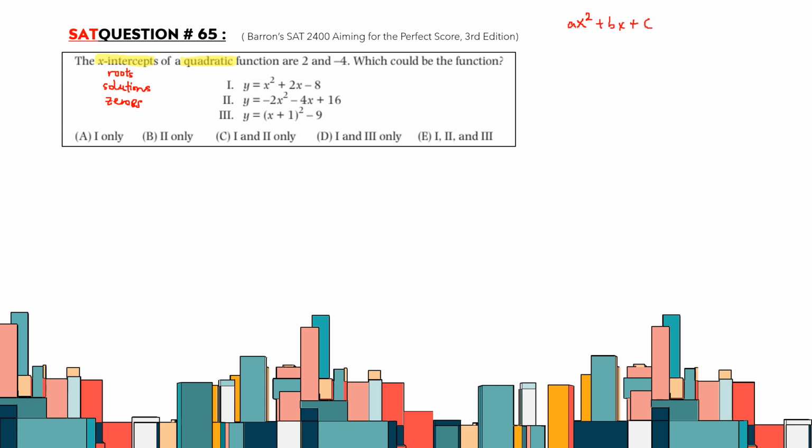If we can factor them, it will look like x and x, maybe with a coefficient in the front, but a, b, c are still numbers.